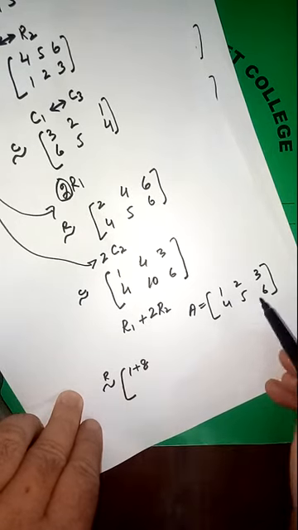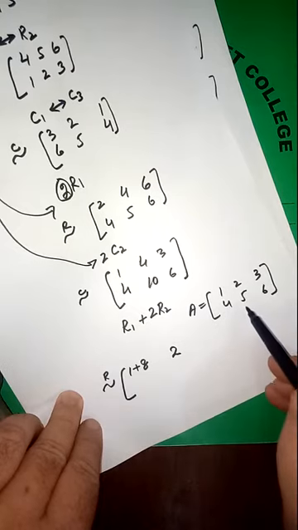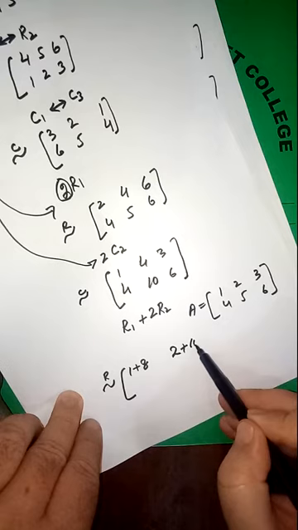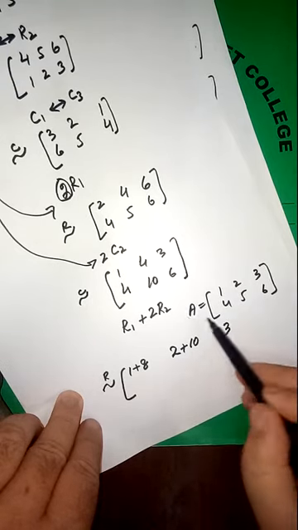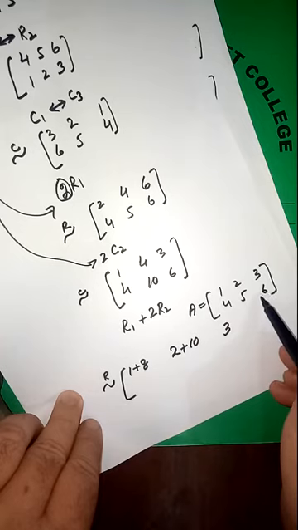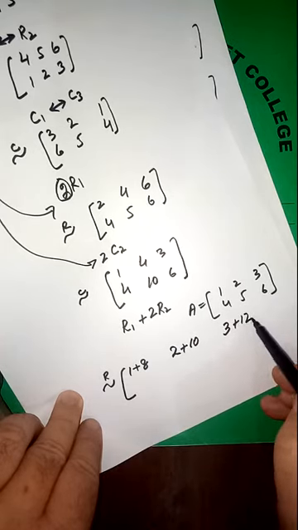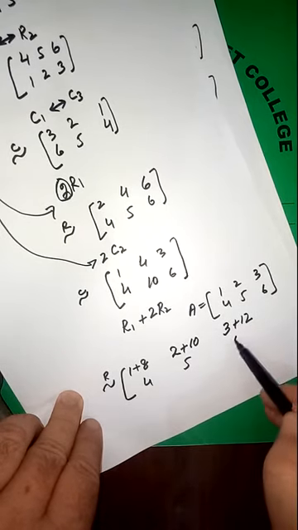Similarly, the second element of R1 is 2, and 2 multiplied by 5 becomes 10. The third element of R1 is 3, and 2 multiplied by 6 is 12, and row 2 stays 4, 5 and 6.